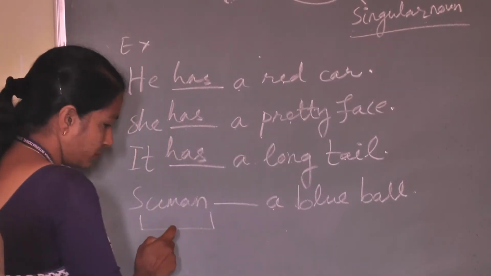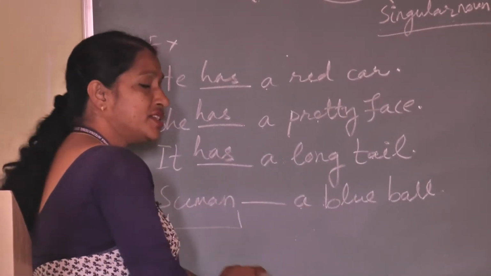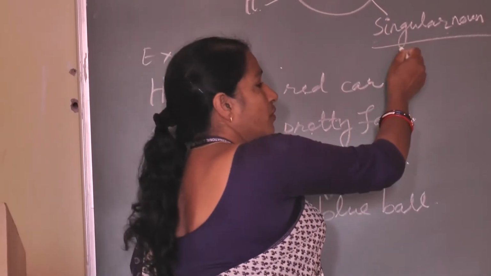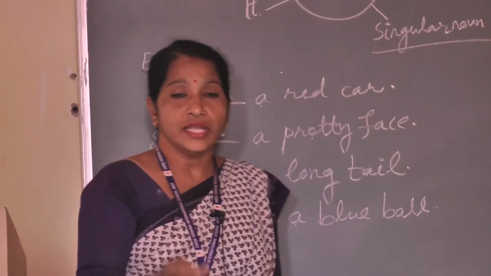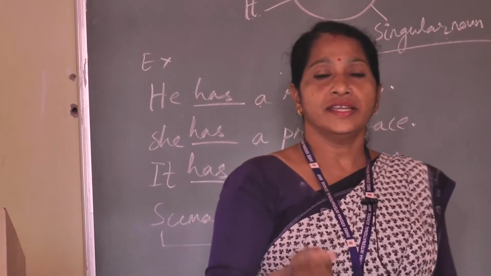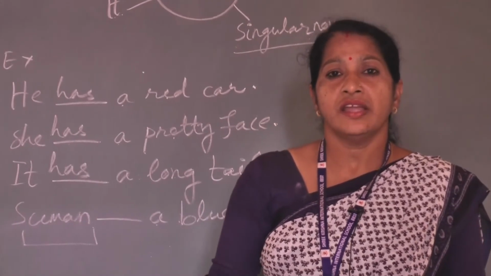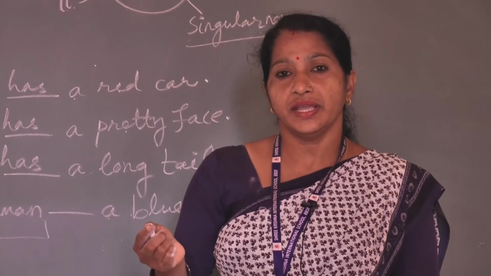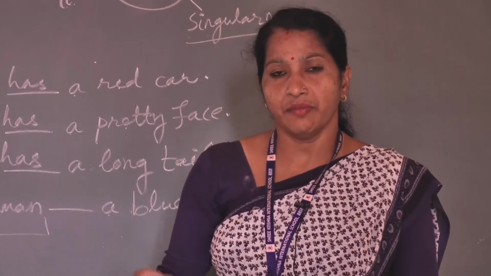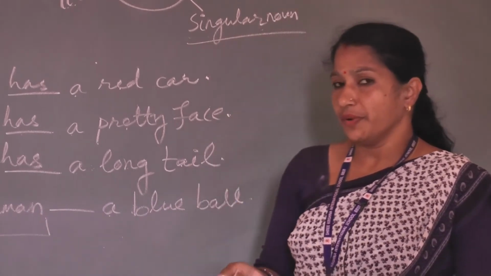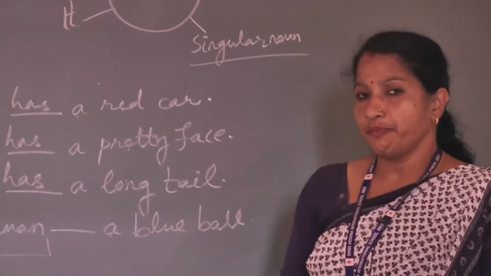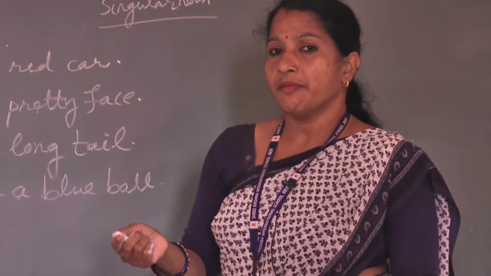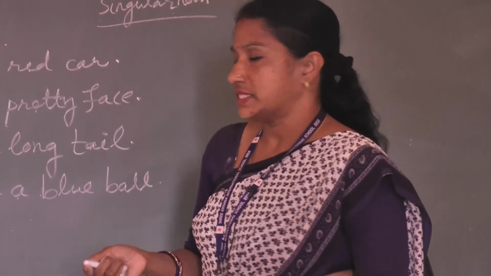Suman is the name of a boy. What is a noun, children? Do you know what a noun is? Noun is a naming word. It can be the name of a person, the name of a place, the name of an animal, birds, etc. and things.